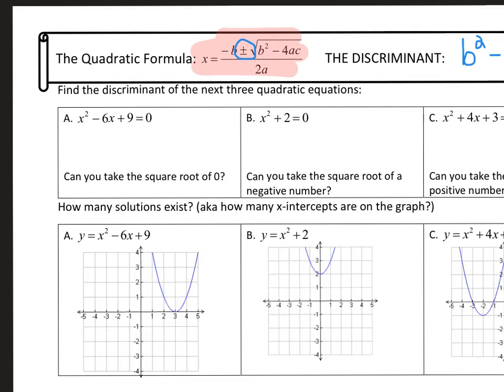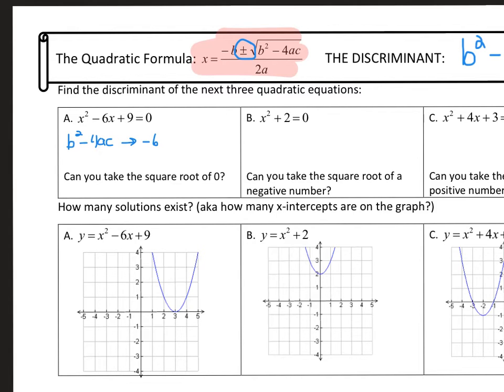But we don't have to do any of that. We don't have to go that far today. The only thing we're doing is determining how many x-intercepts it has. And to do that, we use the discriminant, b squared minus 4ac. So we need a, b, and c in the discriminant. b is negative 6.